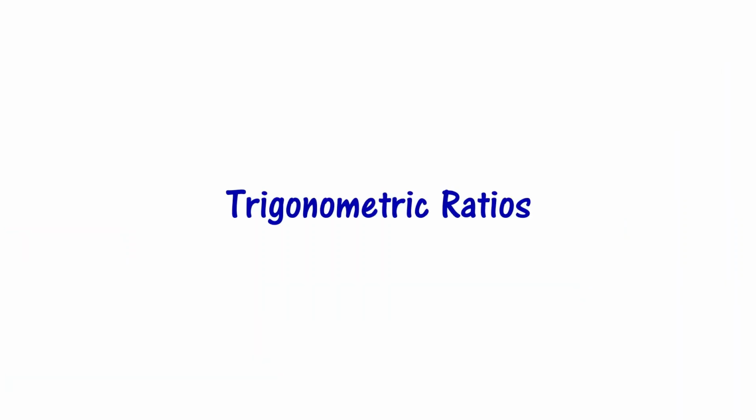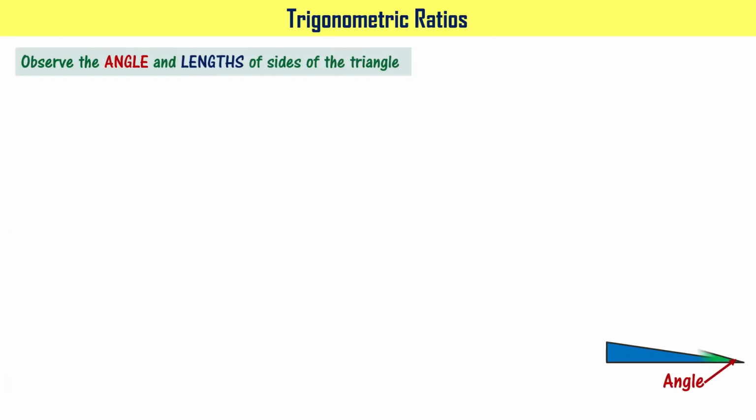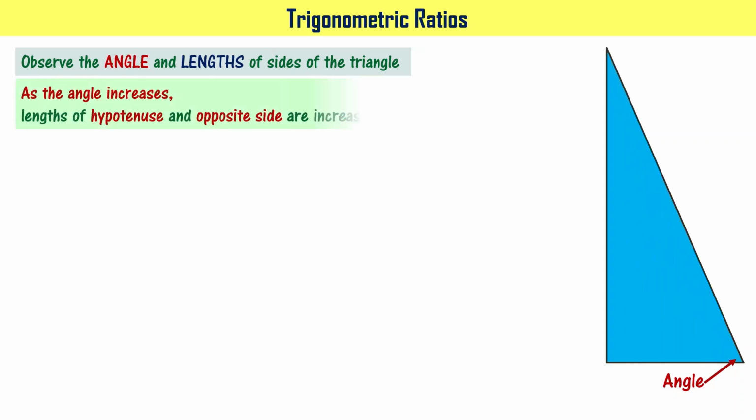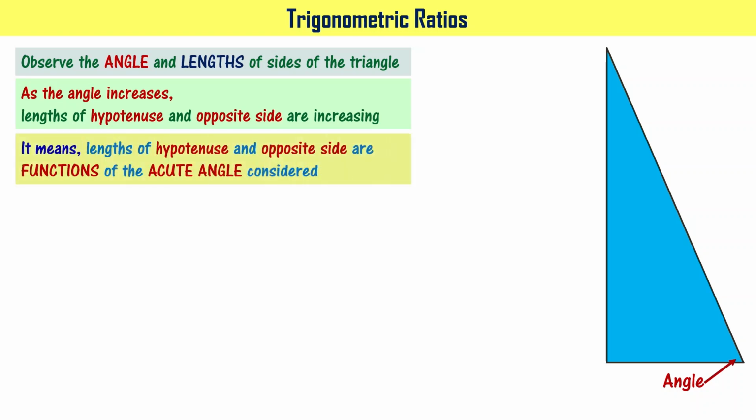Let's learn about trigonometric ratios now. Observe the angle and lengths of sides of the triangle. What you must have observed is, as the angle increases, lengths of hypotenuse and opposite side are increasing, right? It means that lengths of hypotenuse and opposite side are functions of the acute angle considered, right?